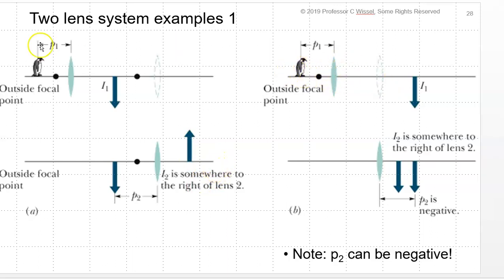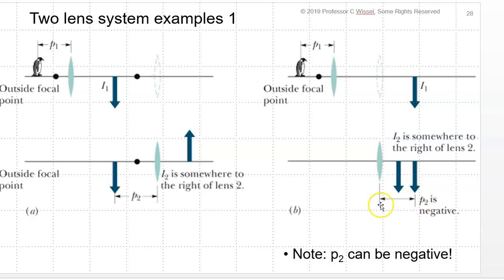Now we have the same thing here. Of course, the object is outside the focal length, so it's going to make a real image, upside down. But now our second lens is inside, is here. Okay, it's on this side. And so what happens then is now this is the object for the second lens. Notice that it's on the other side.